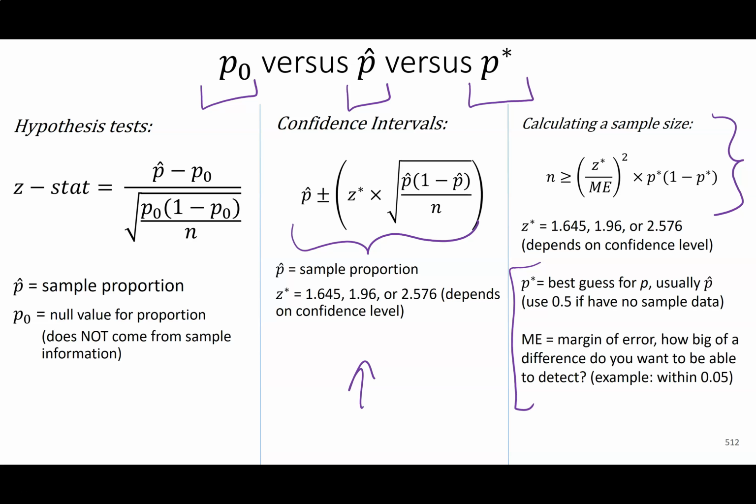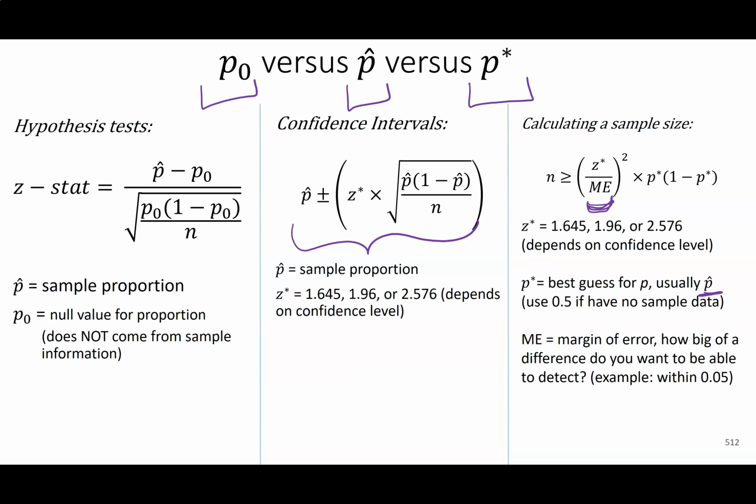So you're saying, hey, I want a 95% confidence interval that's no wider than 0.10 or however long. You have your margin of error, and then your p-stars. So if you know nothing, there's no pilot study, there's no sample that you've collected already, for p-star, you need to plug in 0.5. But if you do have sample information, use p-hat.